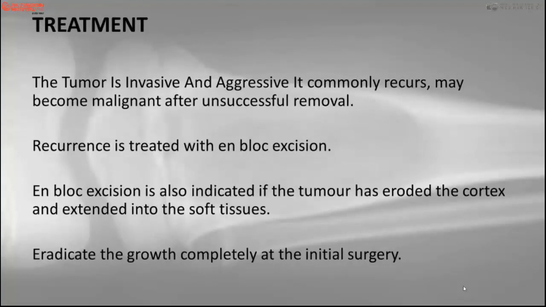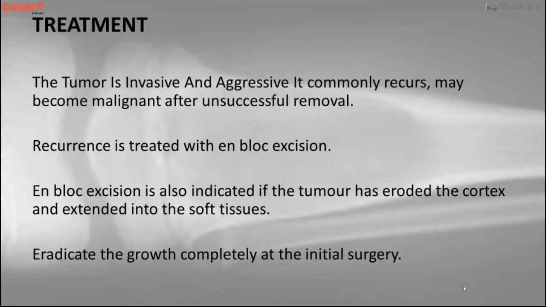The tumor is invasive and aggressive, and it commonly recurs and may become malignant after unsuccessful removal. The resection is treated with en bloc excision. En bloc excision is also indicated if the tumor has eroded the cortex and extended into the soft tissue.